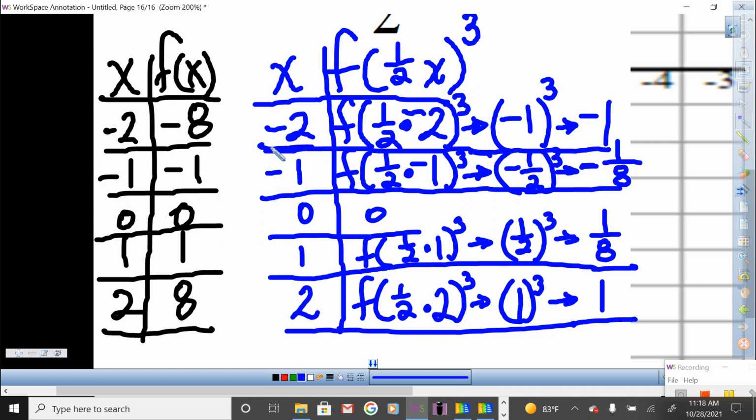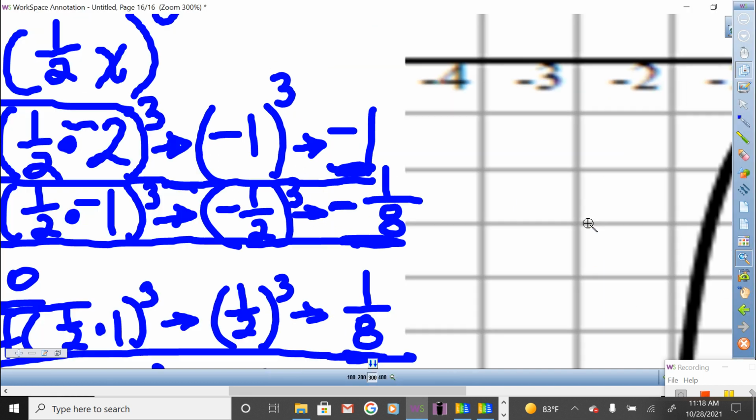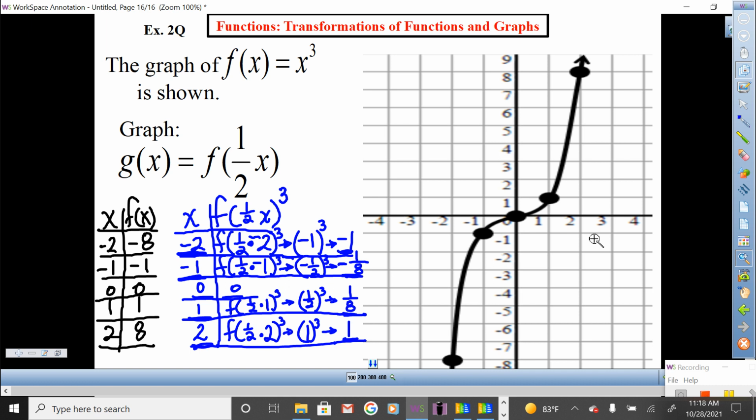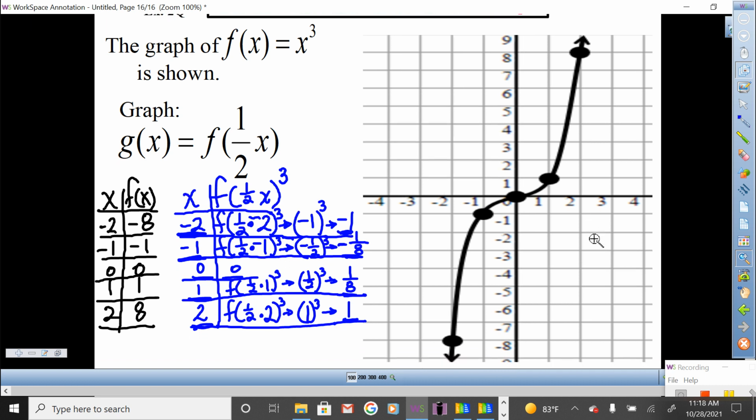So my first one is (-2, -1). Then the next one is (-1, -1/8). Then (0, 0). And then (1, 1/8). And (2, 1). You're like, oh man, those are little numbers. I know. Here you go. So I'm going to zoom out, sorry. Alright, so let's plot those points.